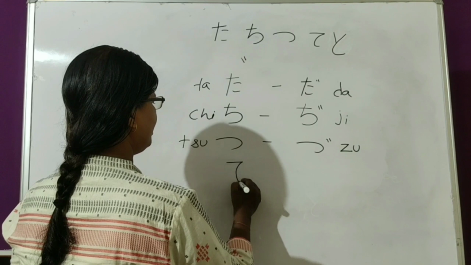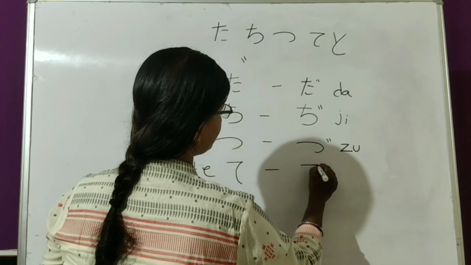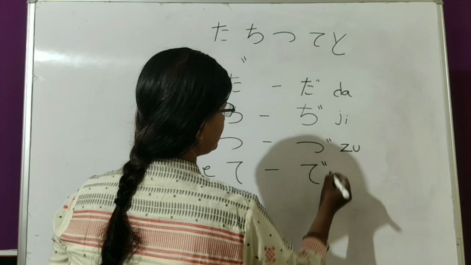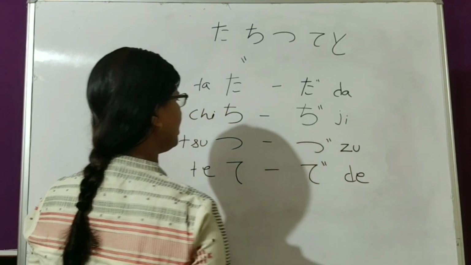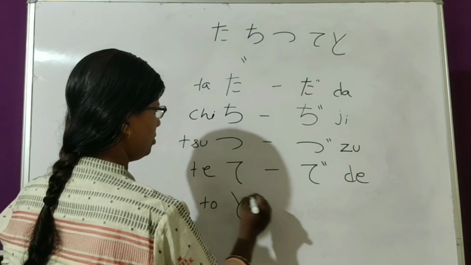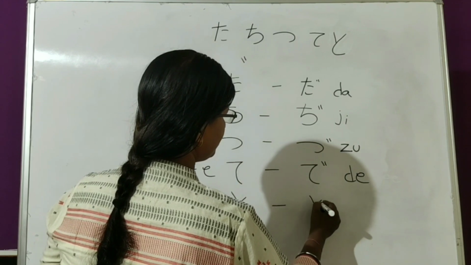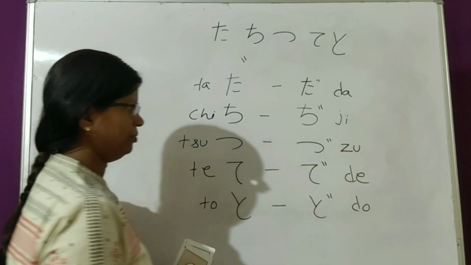Similarly, it is te. After the voice mark, or dakuten, or tenten, the pronunciation will be de. This is to. After the voice mark, the pronunciation will be do.